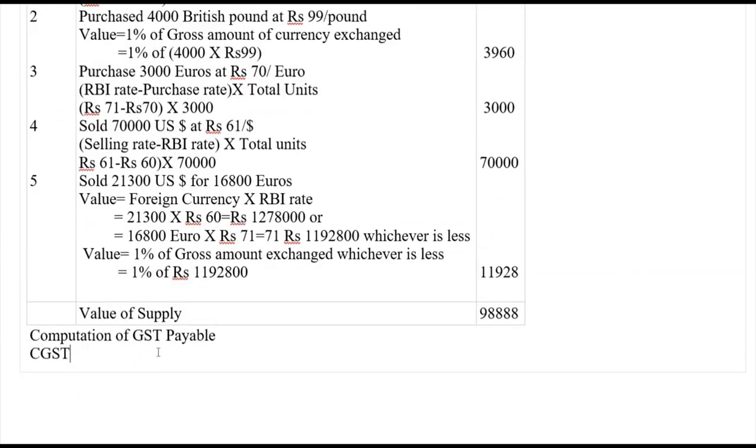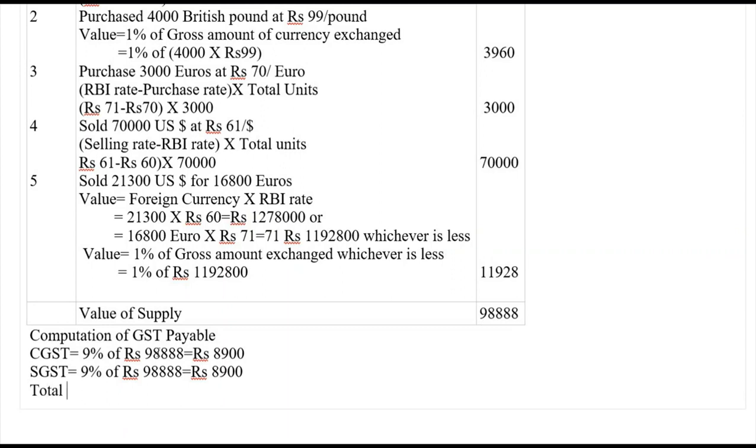So CGST equals 9% of rupees 98,888, which comes to approximately rupees 8,900 when we round to the nearest digit. Again SGST is 9% of rupees 98,888, which equals rupees 8,900.